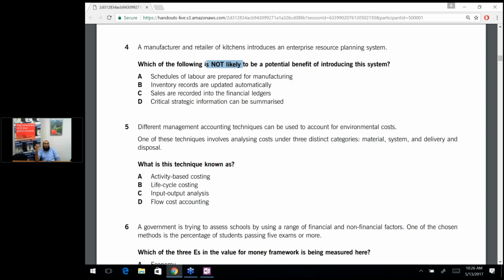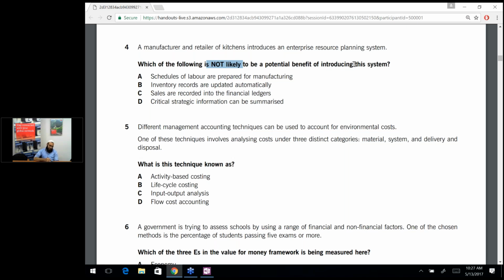Especially questions in a negative tone are important to understand, because it's saying you need to find the answer which is not a benefit. So the focus will be on a point that is not a benefit of ERP. Which of the following is not likely to be a potential benefit of ERP?